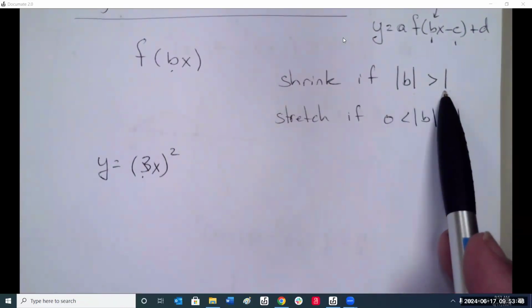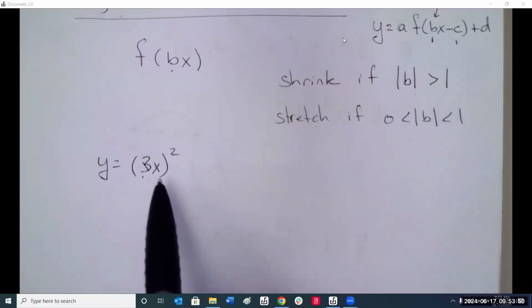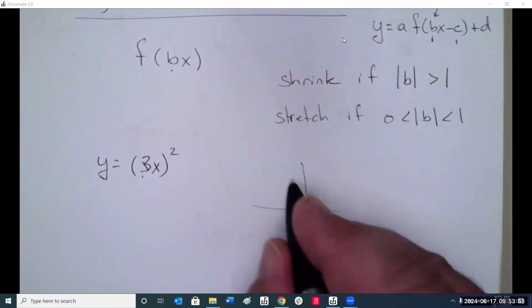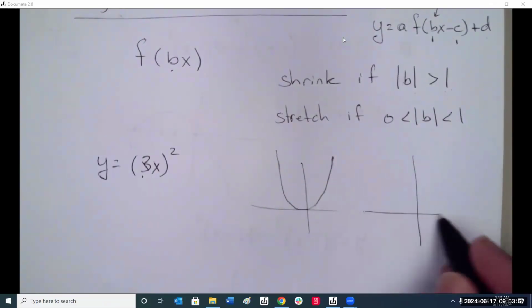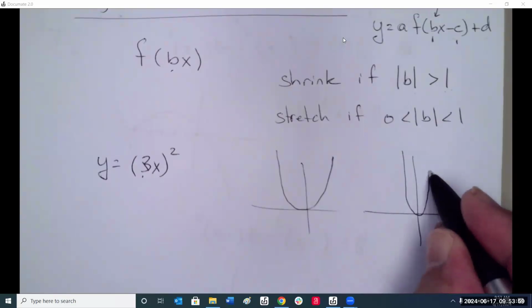Is it greater than 1? Yeah. So it means our graph, which used to be this, is now going to be like this.